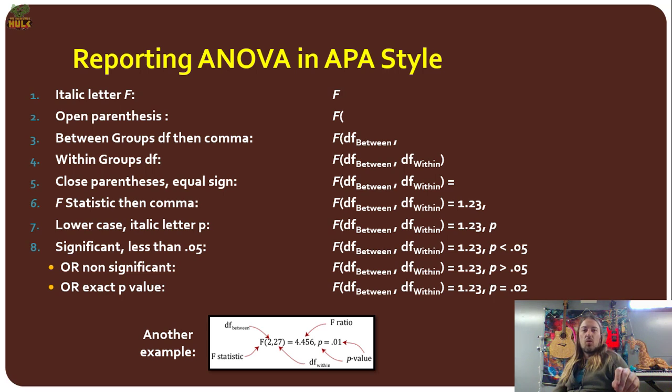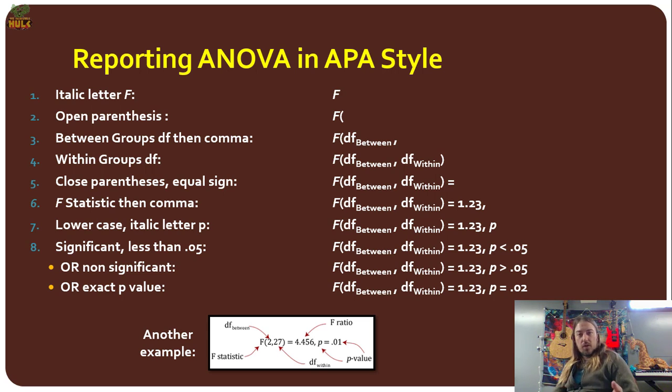Another comma, a lowercase italicized p, and then again, no more italics, just the letters there. And then depending on whether or not you found a significant difference and you reject the null, if that's the case, it's less than 0.05. If you did not find a significant difference and you're failing to reject the null, you can put greater than 0.05 or whatever your p-value was, or you can write the italicized lowercase letters ns for not significant.